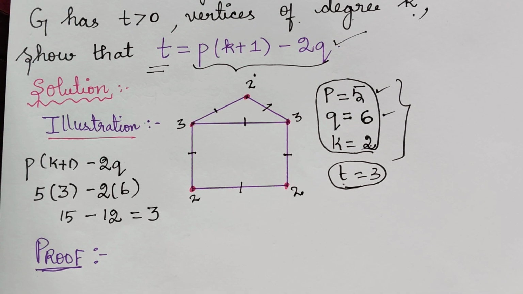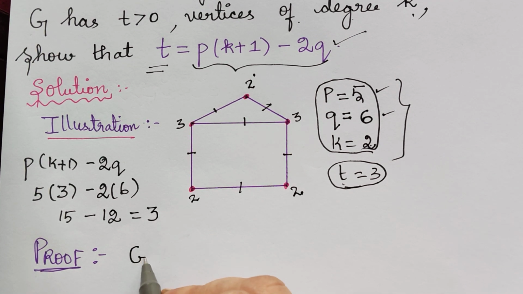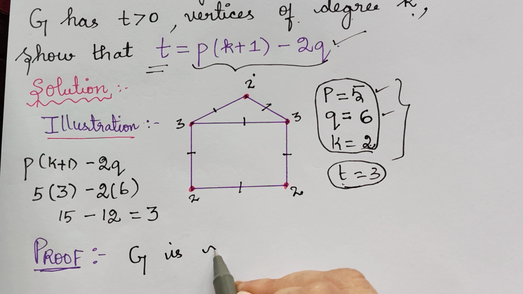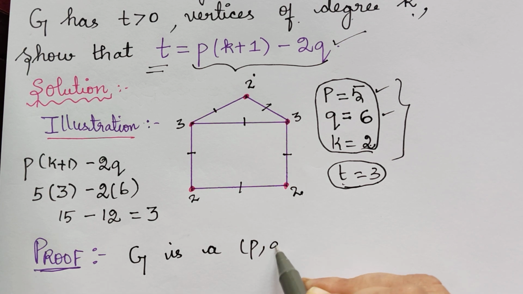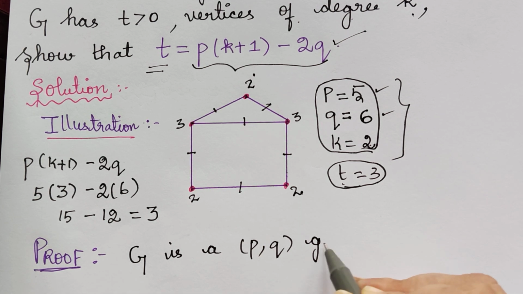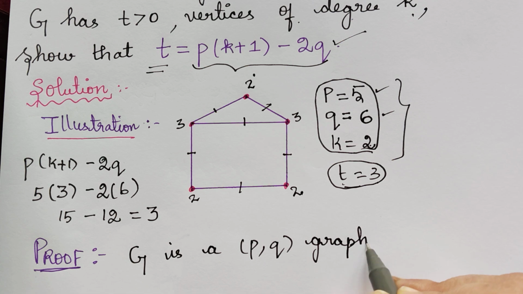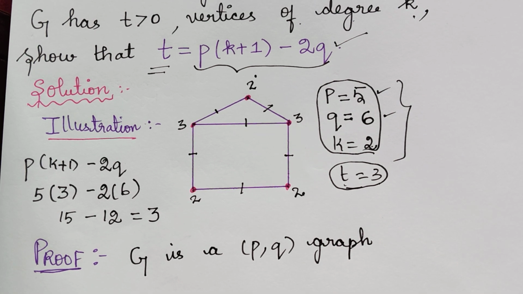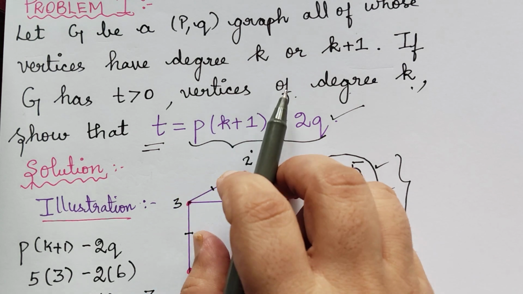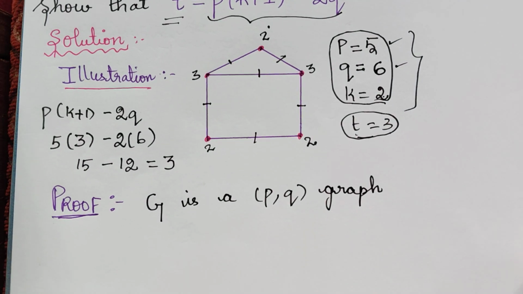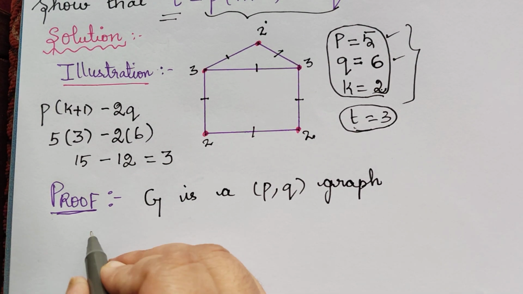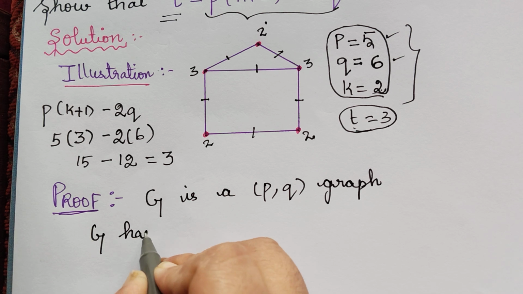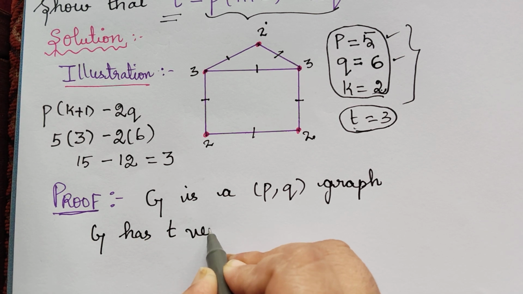In order to prove that, first we will write what is given. It is given that G is a (p, q) graph, which means it has p vertices and q edges. It is also given that G has t vertices of degree k. So that we will write.